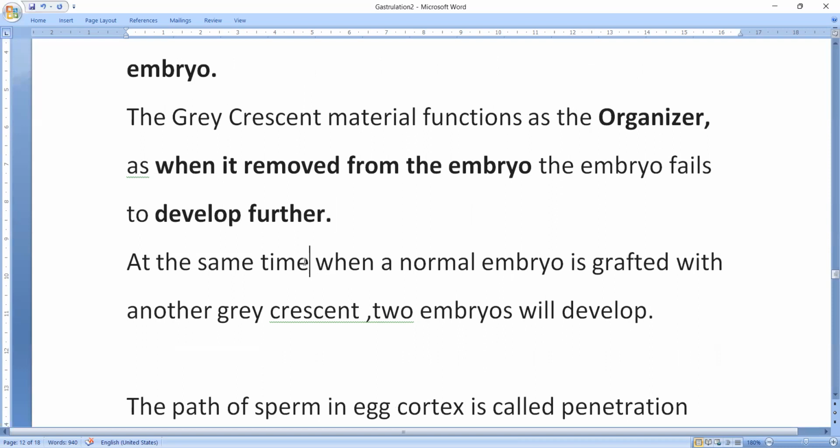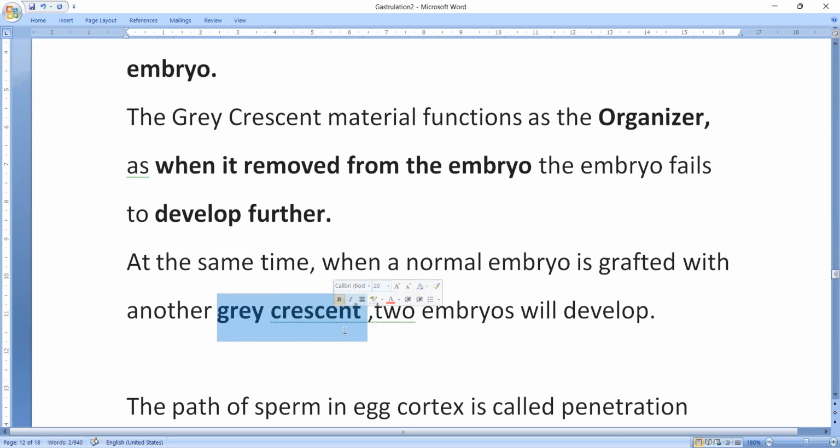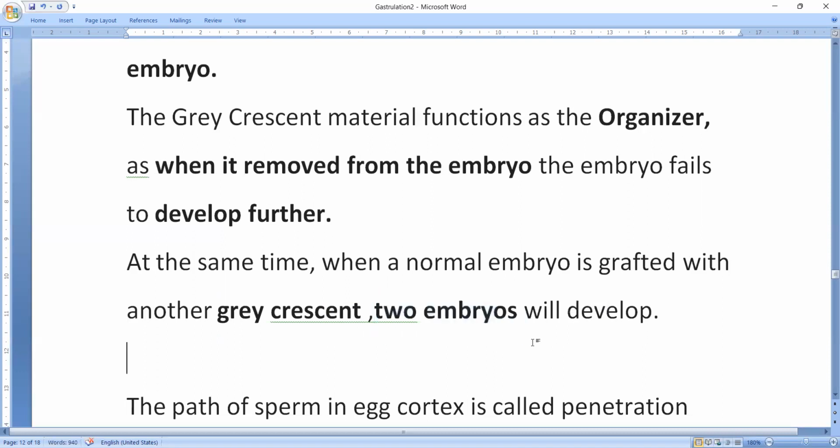At the same time, when a normal embryo that already has a gray crescent is grafted with another gray crescent, then even though there is only one cell mass, since there are two gray crescents, two embryos will develop.